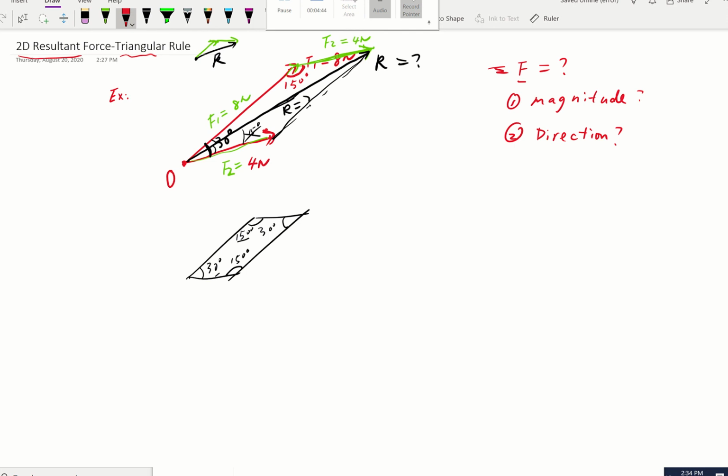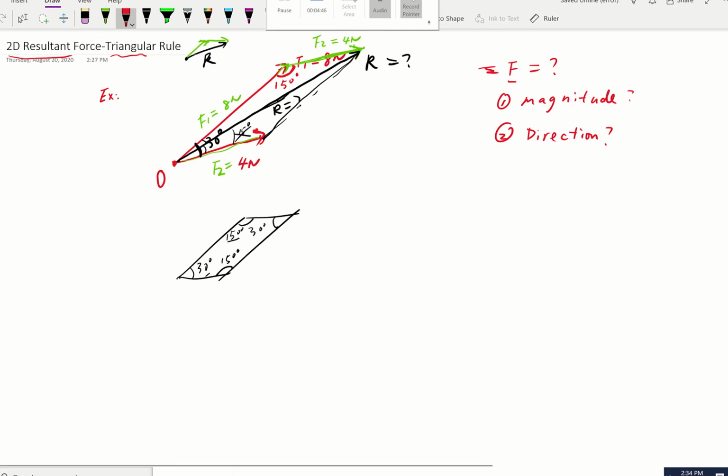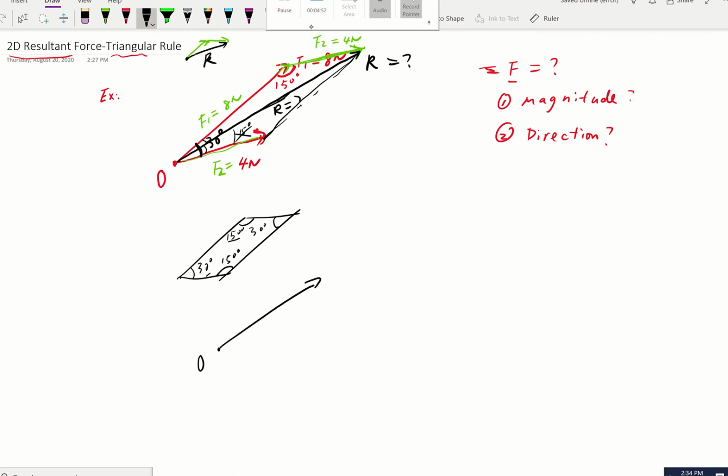Well, then I think we can solve the problem. To make it less messy, I'm going to redraw this really quick. This is O, and this is force F1, 8 Newton, and this is our F2 moved up here, 4 Newton, indicated by this side of the triangle. And here, the red line is our resultant we're solving.